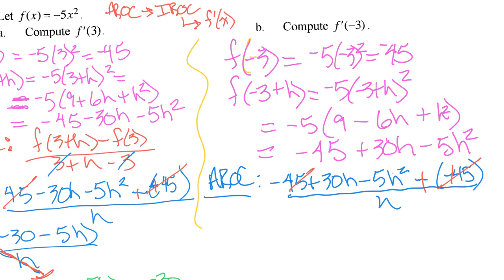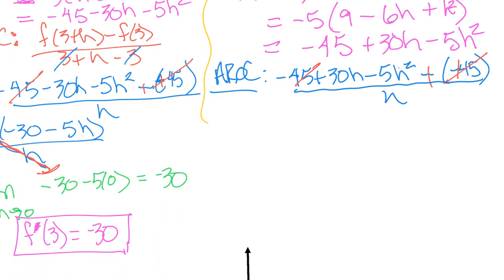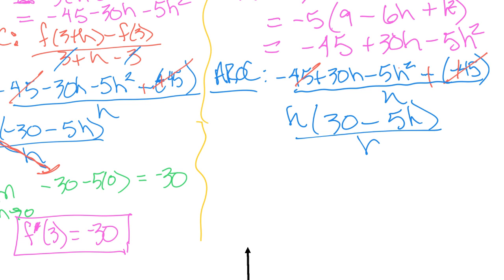Okay, and so scooting my paper up here, let's factor an h out of our numerator. And so we have 30 minus 5h all over h, giant 1, and we're on to IROC.